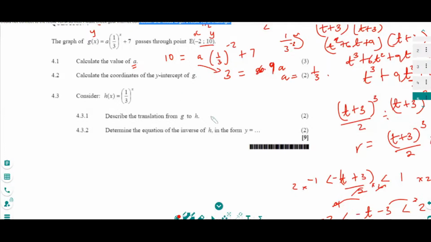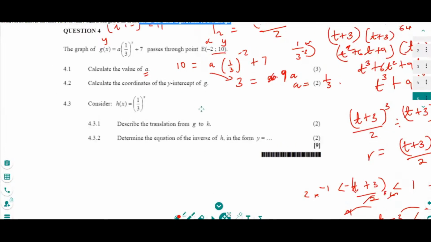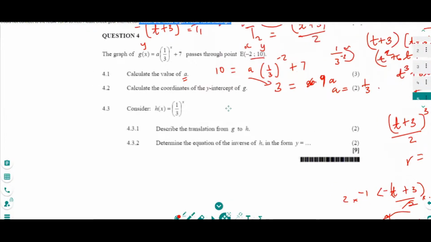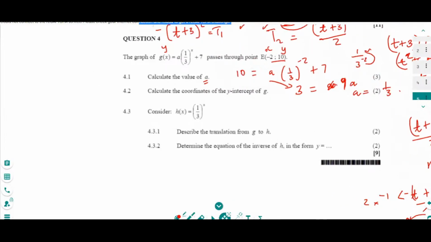Then 4.2, they're asking us for the coordinates of the y-intercept. So since we have our a, we can replace it back and say that our equation of g of x is the same as 1 over 3 into 1 over 3 to the x plus 7. So for the y-intercept, x is always 0.